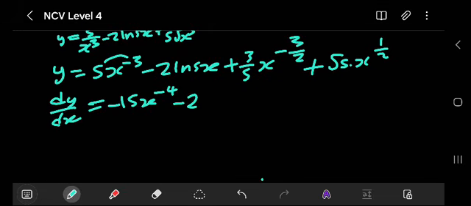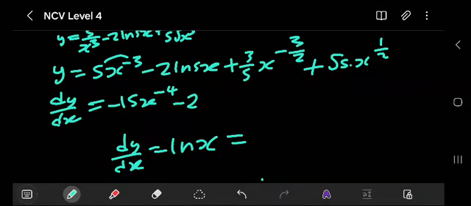Remember, how do you differentiate ln? If you are given to differentiate ln, for example, let me just say u, this will be the derivative of u divided by u. You see, you differentiate this, then you divide by it.